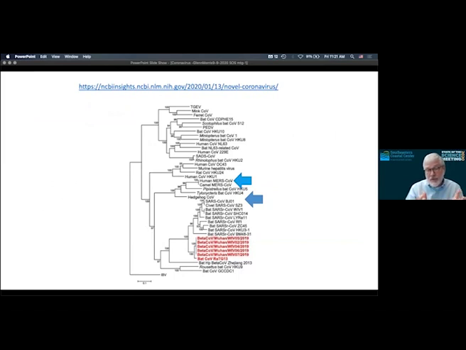And this is just simply a family tree, a phylogenetic tree of coronaviruses. You will see the top arrow there, the lighter blue. Those are the MERS-CoV strains. A little farther down are the SARS strains. You'll see they're all intermixed with bat strains.